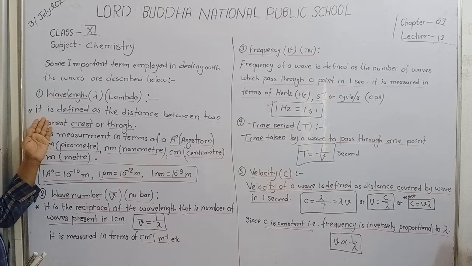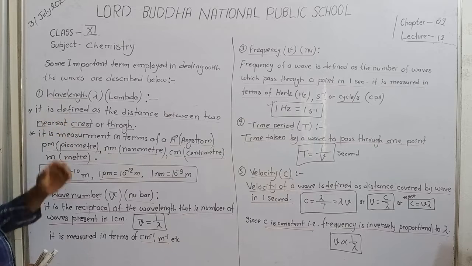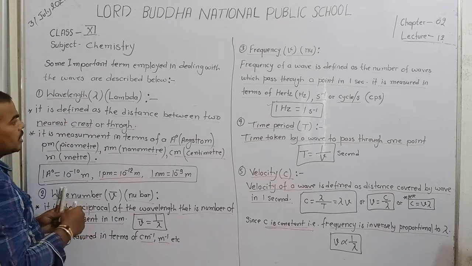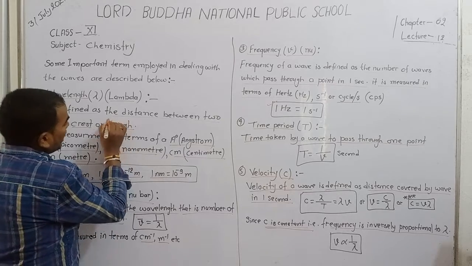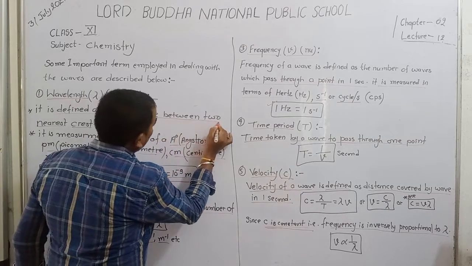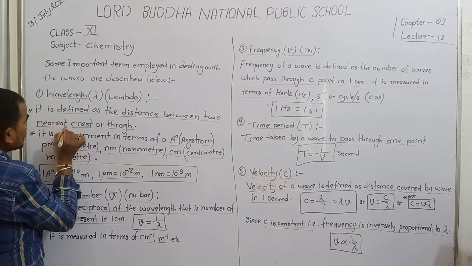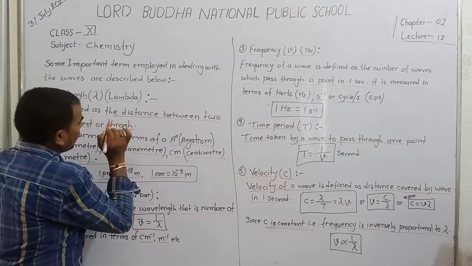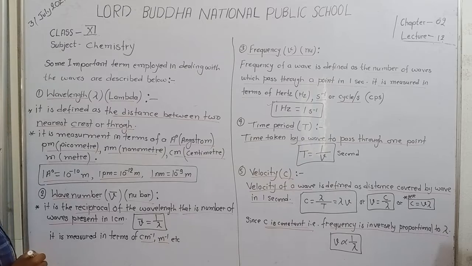Dear student, wavelength is defined as the distance between two nearest crests or troughs.